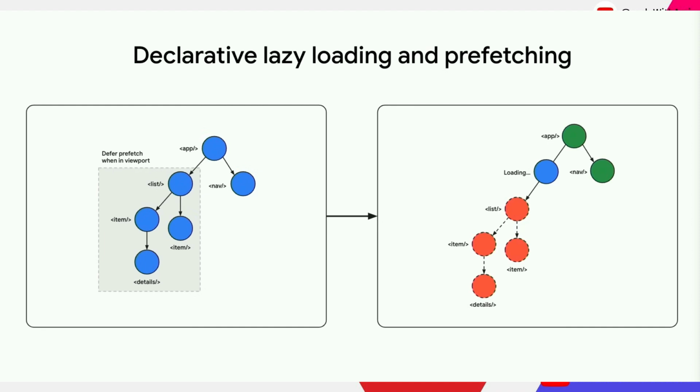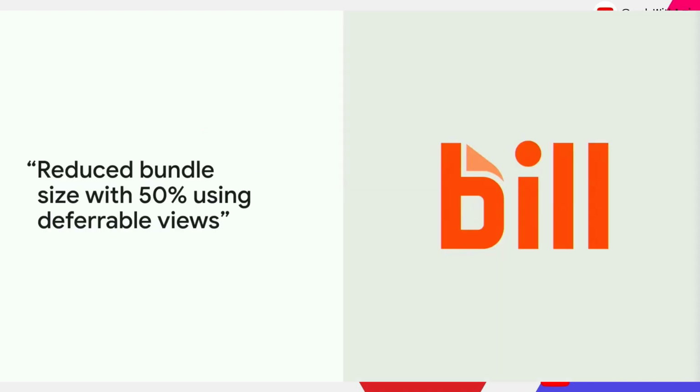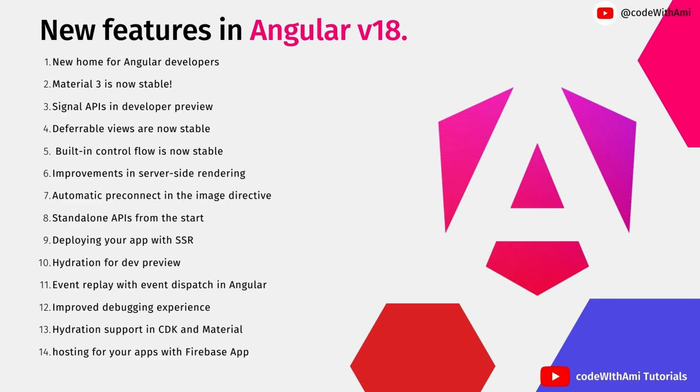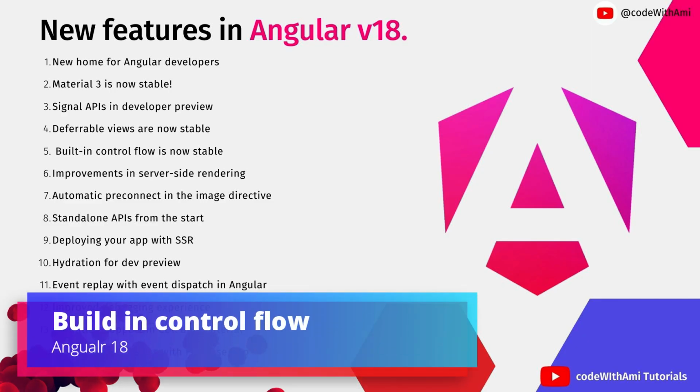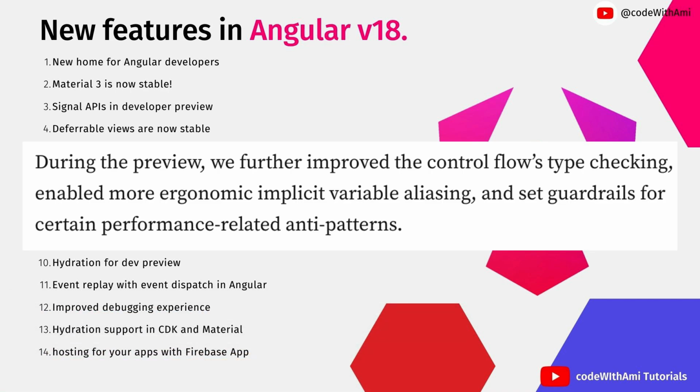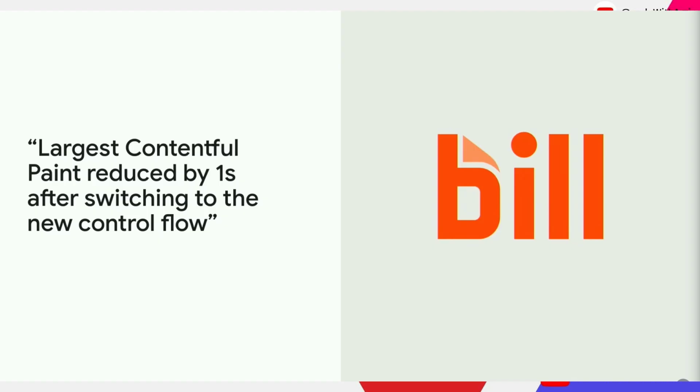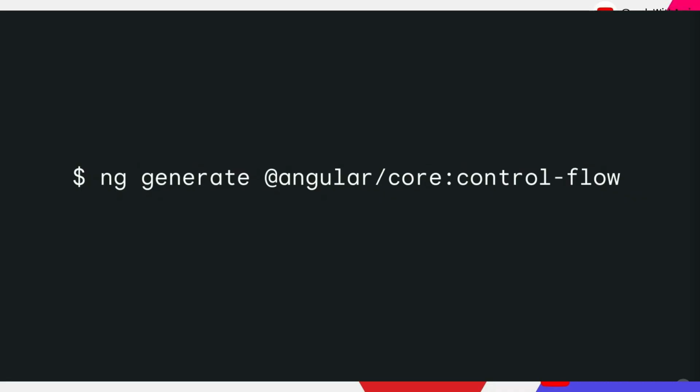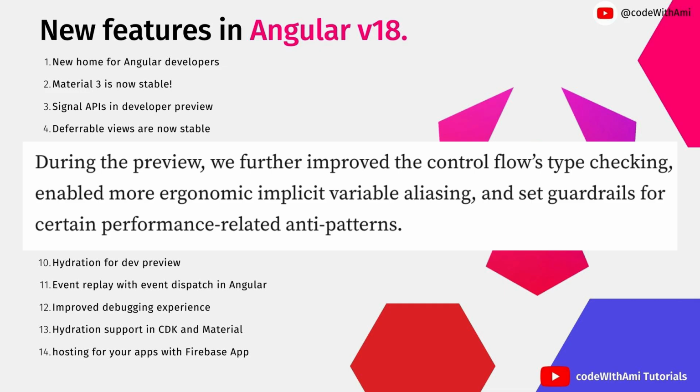They worked on Deferrable views and made them more stable, so you can start using them in your applications and libraries from today onwards. The next thing is built-in control flow, which is now more stable. In Angular 17, along with Deferrable views, the Angular team also announced the new built-in control flow with improved performance. In version 18, they made it more stable and improved the control flow's type checking.